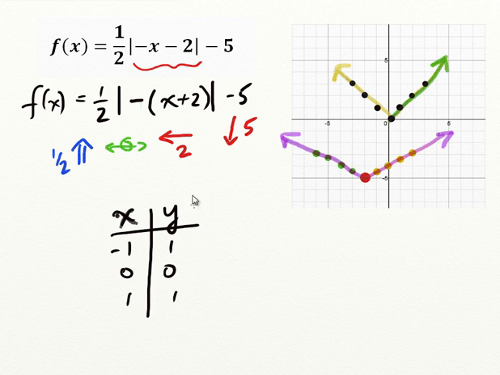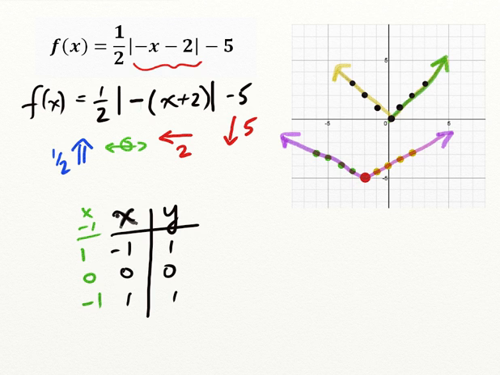I could then take the x and the y values independently and apply the transformations vertically and horizontally. So, all right, let's start with the x values. The horizontal mirroring, or this reflection here, needs to happen first. So I'm going to multiply all of these x values by -1, and I get +1, 0, -1.